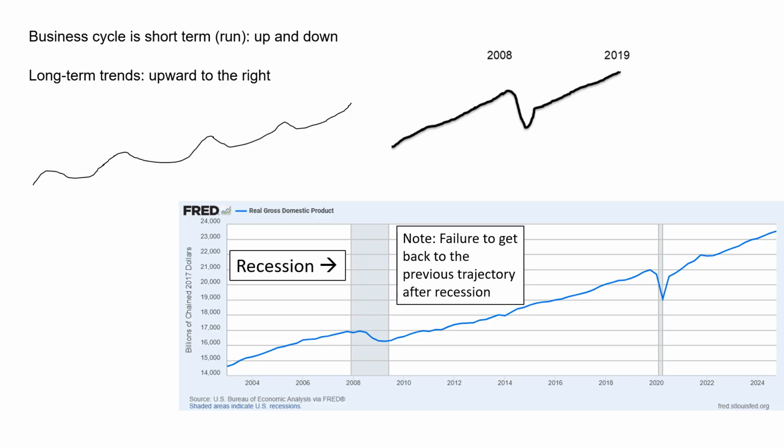And oftentimes, because of sticky prices, I don't like that expression, but that's the best one I can come up with at the moment, there's resistance to lowering prices.